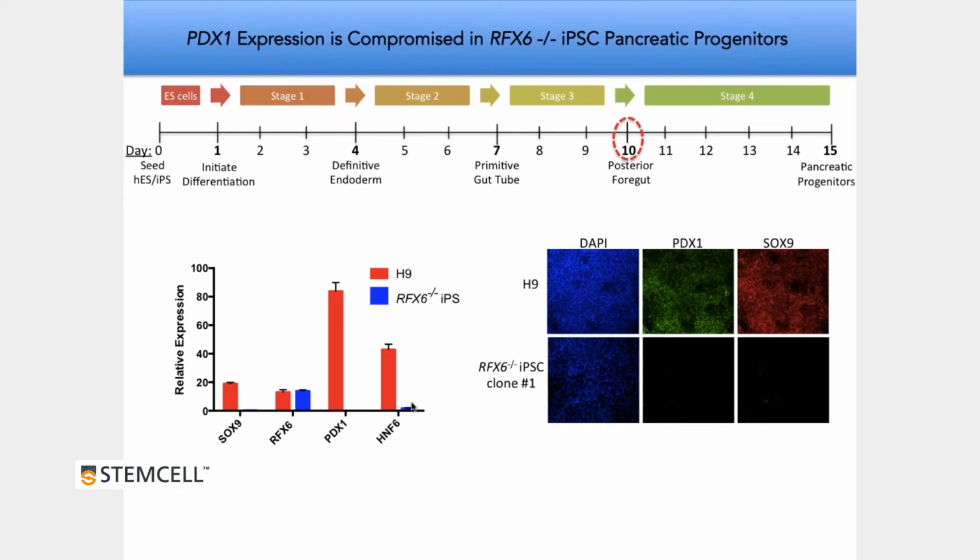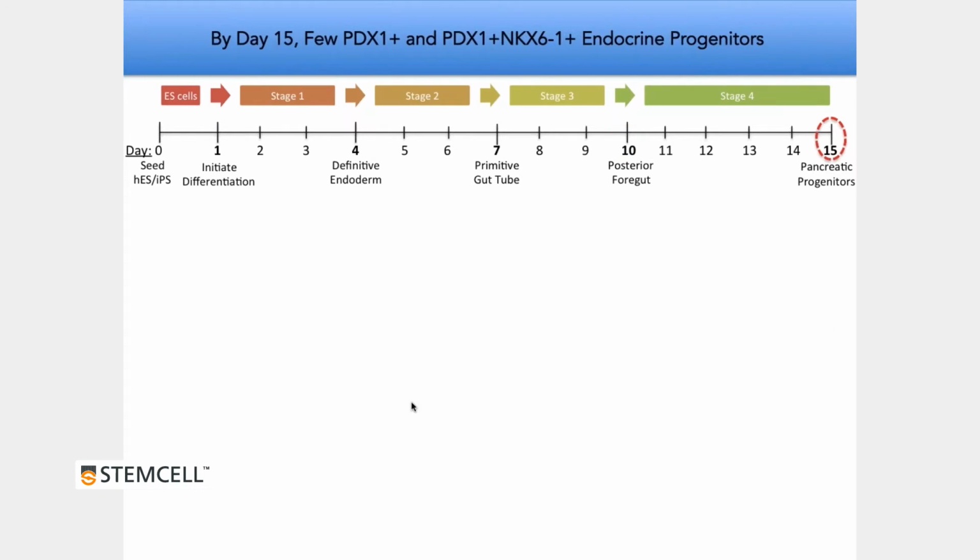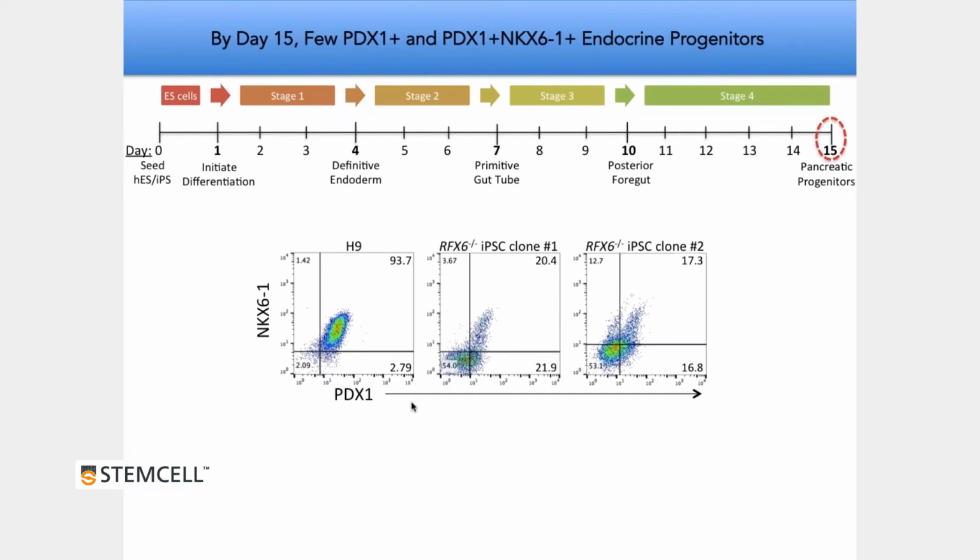If we take the protocol to the very end on day 15, you can see by doing FACS sorting for NKX6.1 and PDX1 positive cells that in our wild-type H9 cells we recover roughly 94%, whereas in the iPS clones number 1 and 2, we have very few PDX1, NKX6.1 double positive cells. Again, emphasizing that RFX6 has an earlier role in pancreatic development than previously thought in humans.